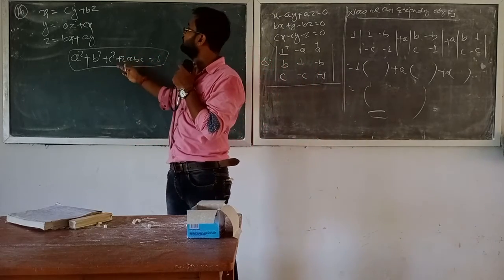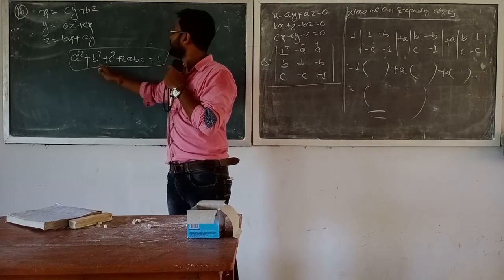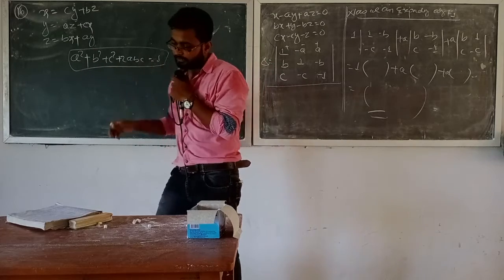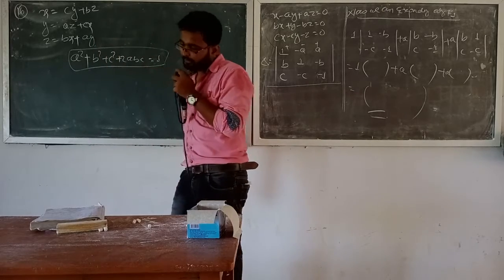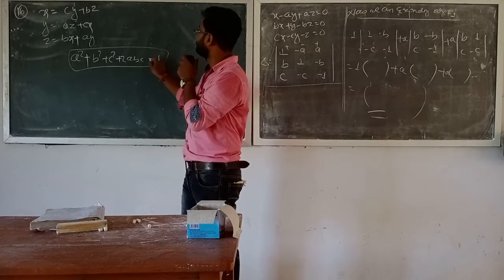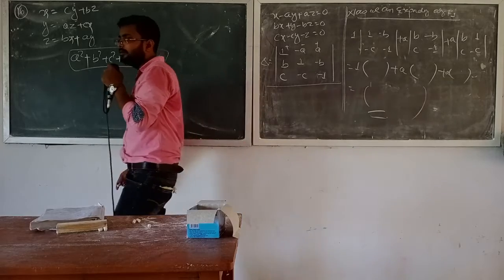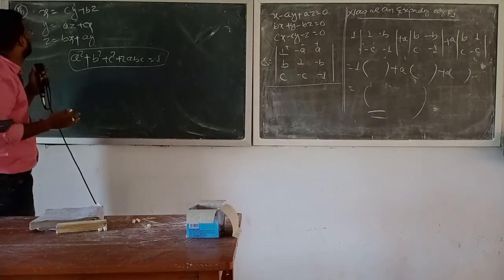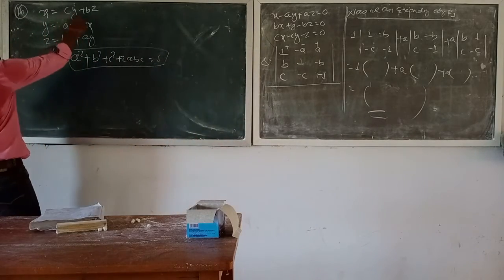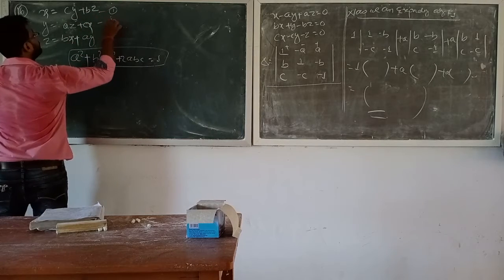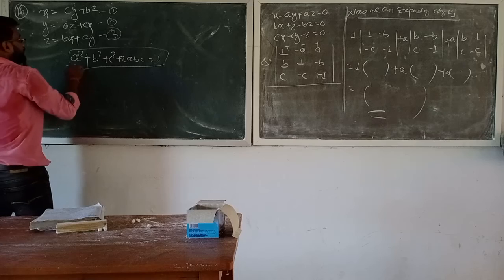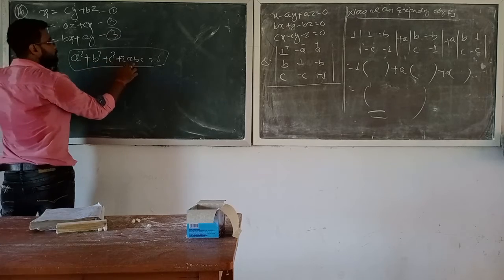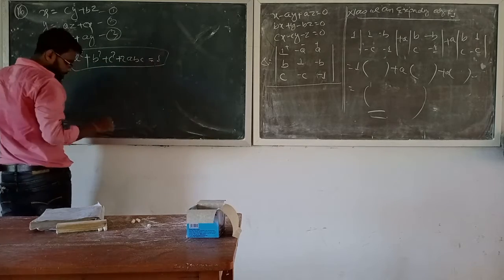This determinant value will be equal to a square plus b square plus c square plus 2abc, which is equal to 1. Now you can just simplify the equations: this is equation 1, equation 2, and equation 3, and you can solve. Prove that a square plus b square plus c square plus 2abc equals 1.